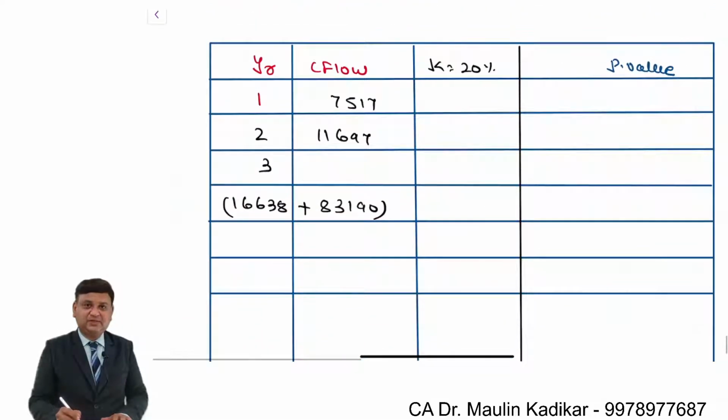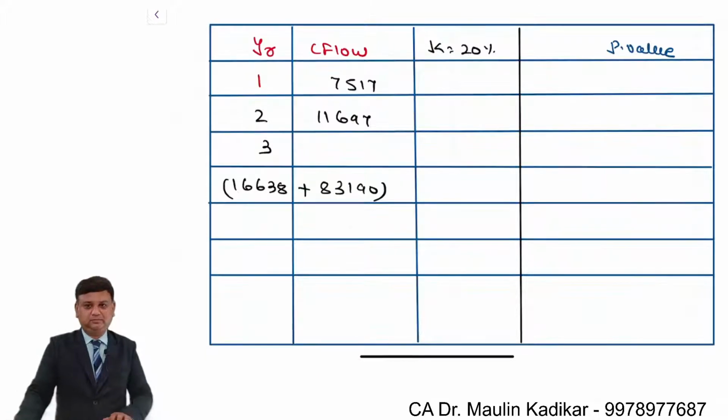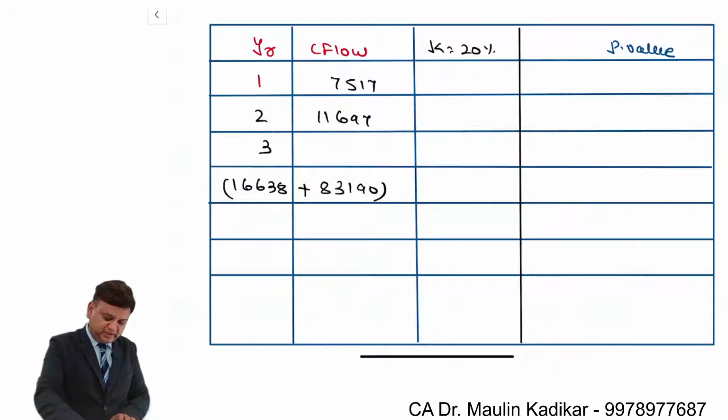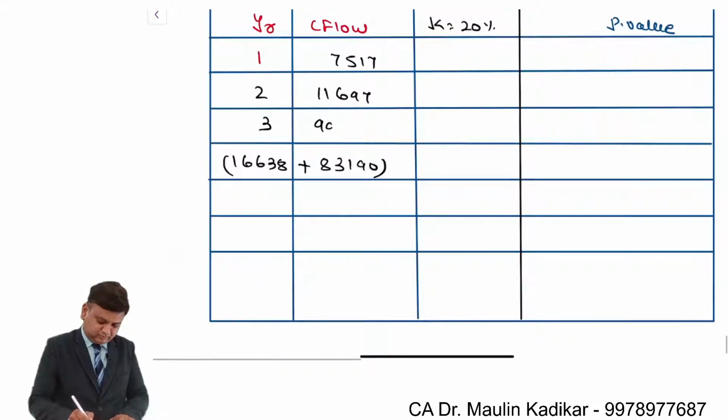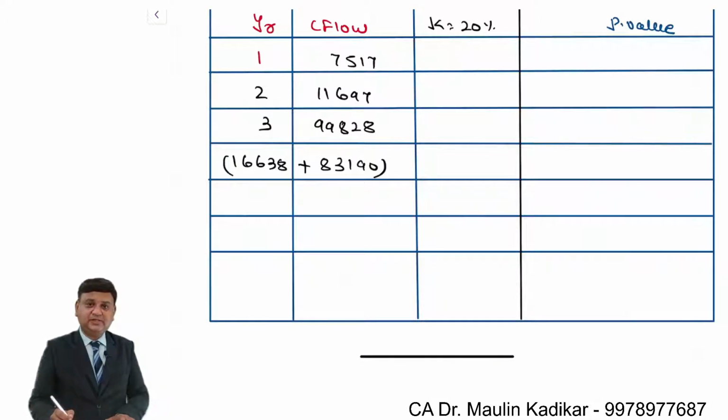Total of both of them is the third year cash flow. So 16638 plus 83,190 is 99,828. For 20% discounting factors, information is given.